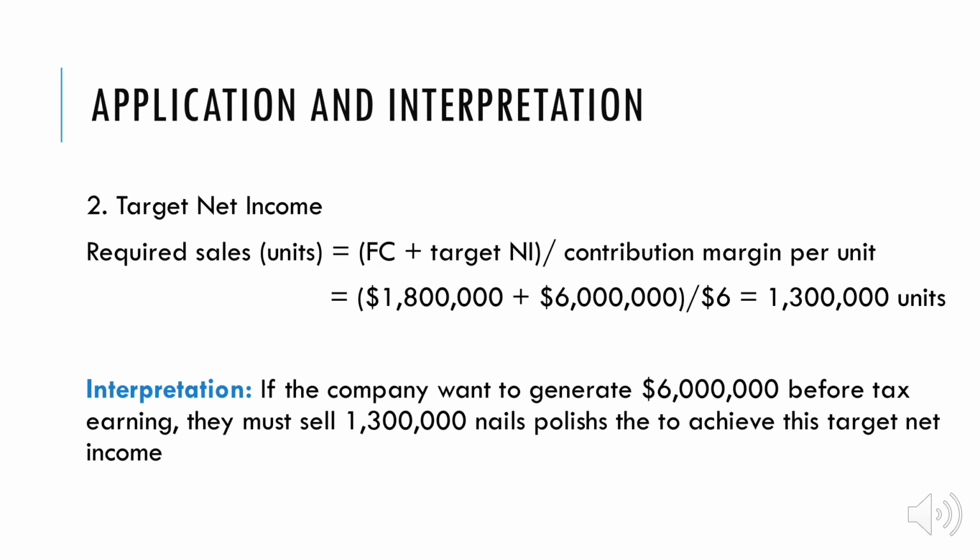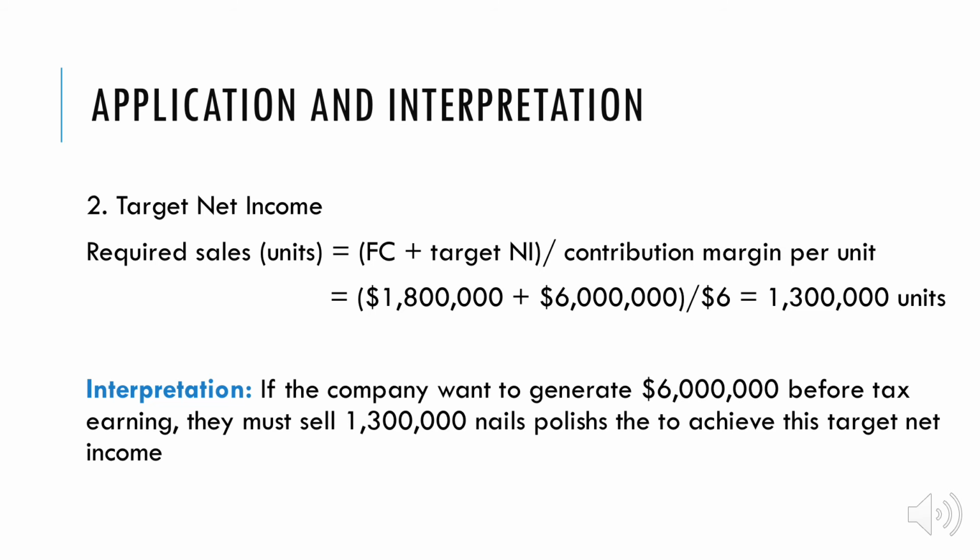The second question asking us to calculate how many units the company must sell to achieve the target net income of $6 million before tax earning. Here we use the contribution margin approach to calculate the required sales. We have total fixed cost is $1.8 million. Target net income is $6 million, and the contribution margin per unit that is calculated from question 1 is $6.